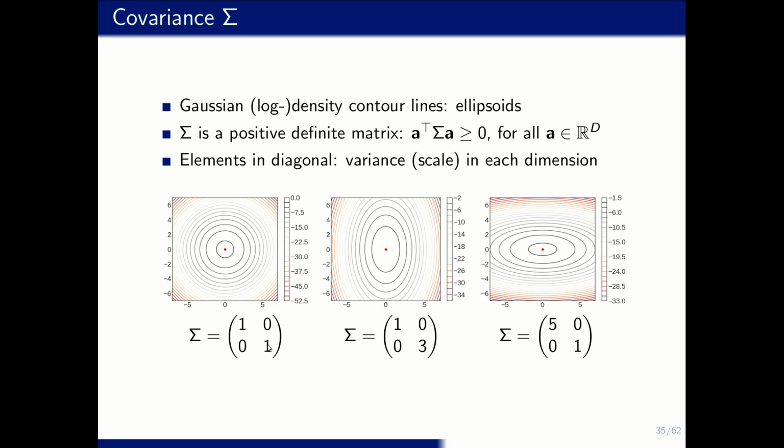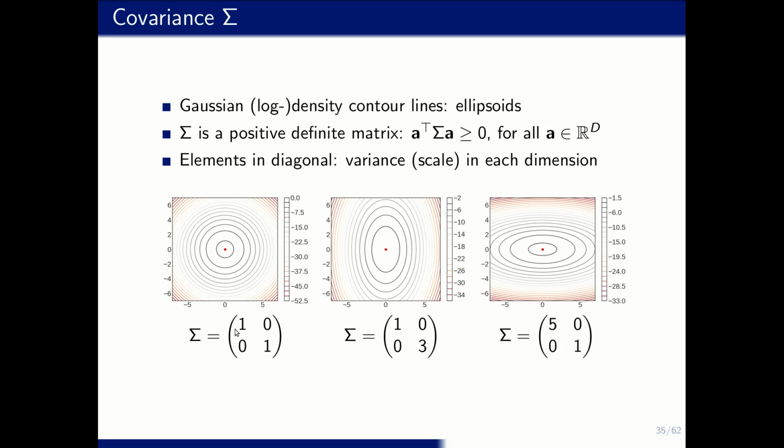If we now take the second diagonal element, corresponding to the second dimension, and change it to 3, we see that the circles change into these ellipses. In this dimension the circle gets extended to an ellipsoid, and this is essentially the variance, a variance of 3 here, while in this dimension we have a variance of 1.